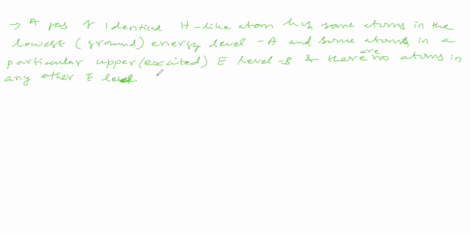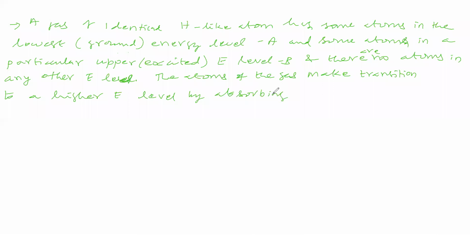The atoms of the gas make transition to a higher energy level by absorbing monochromatic light of photon energy 2.7 electron volt.